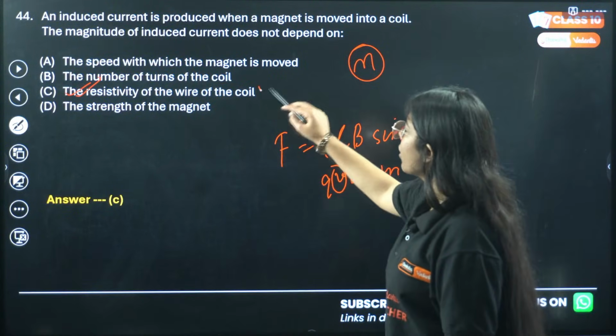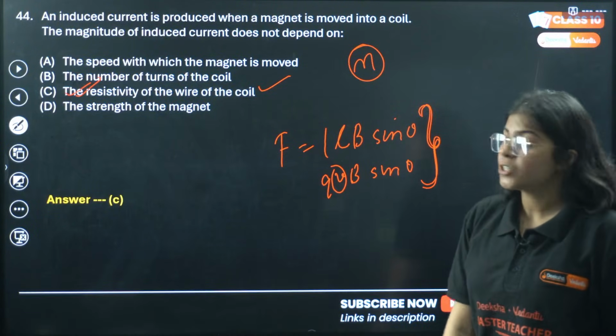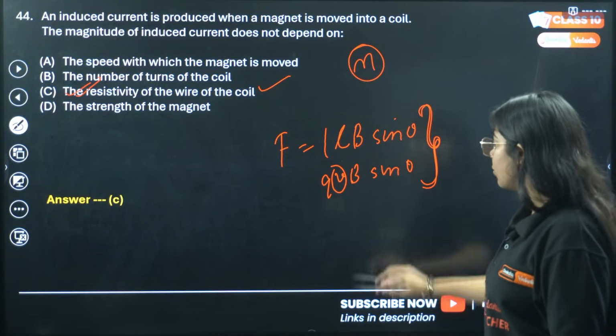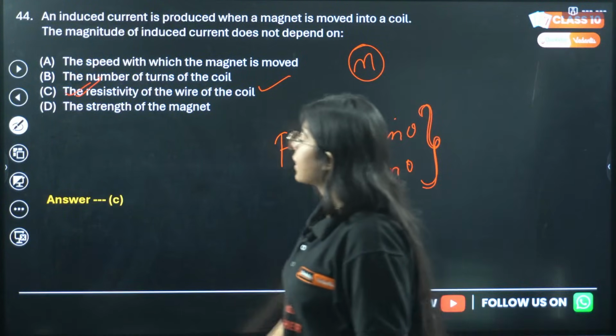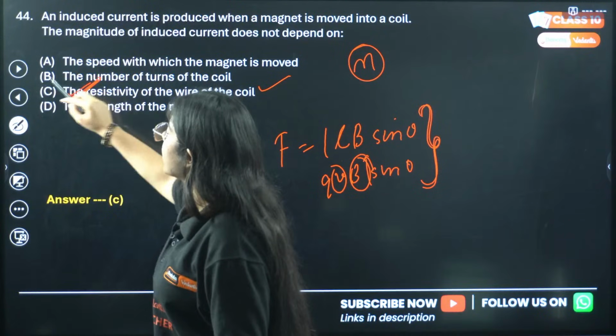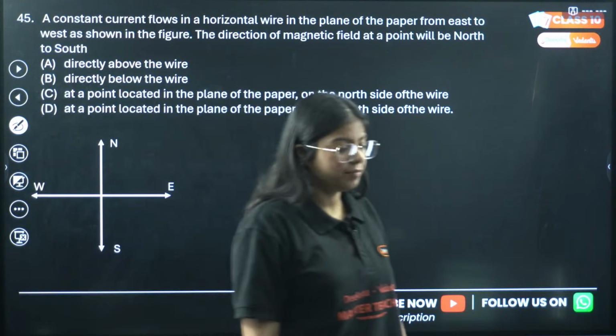The resistivity of the coil, there is no value of resistivity in these two statements, and the strength of magnet, so definitely the strength of magnet. So C is the correct answer. The resistivity of wire has no effect on the magnetic field.